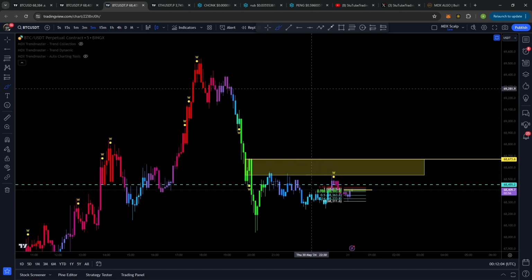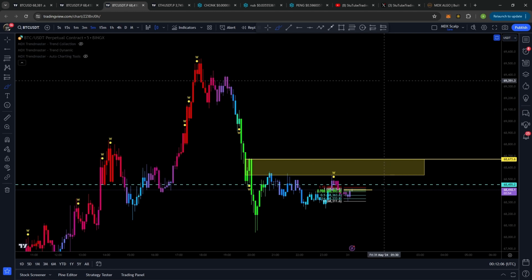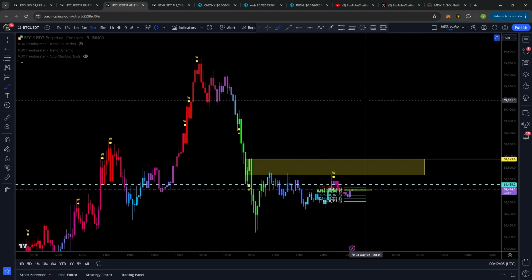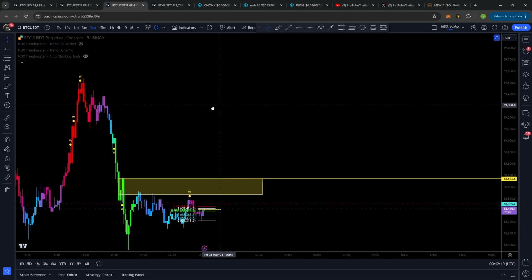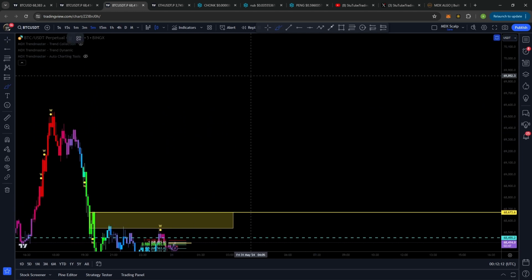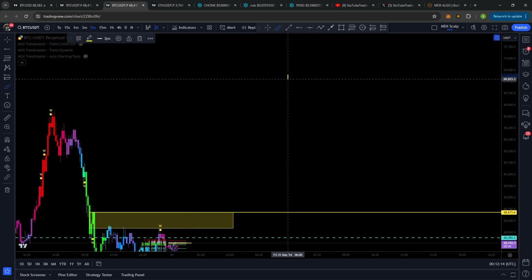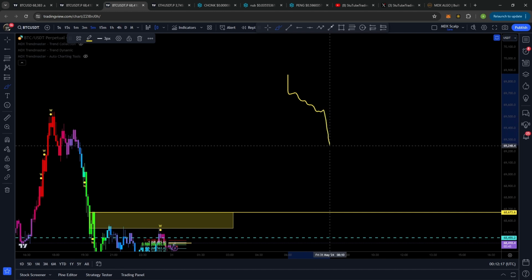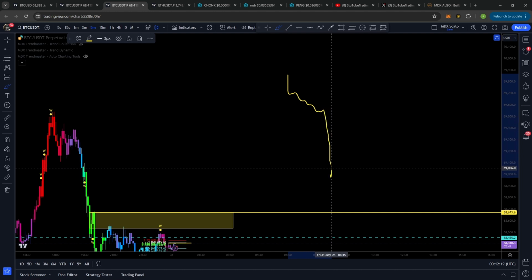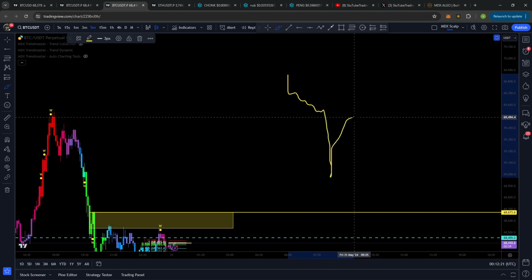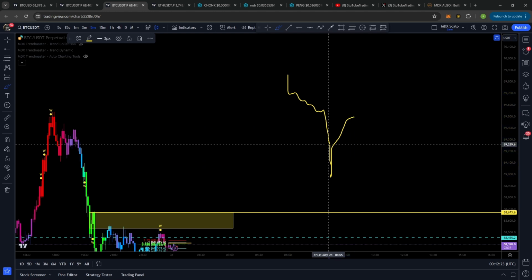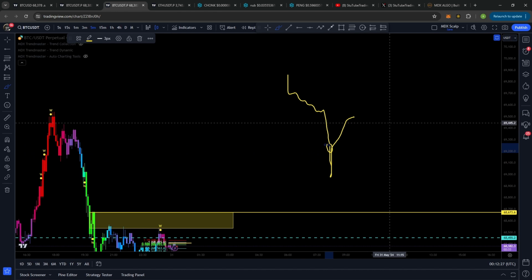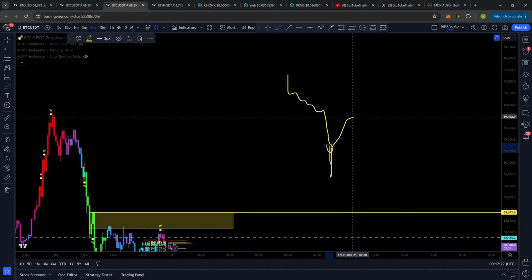I do take that into consideration, especially if you end up having, you know, this is going to be my own drawing, so take it for what it is. But let's just say that we see a big dump and boom, just a real long wick, and then we get something like this. Let's say the candle bodies are actually closing up here. Oh, this is crude. Forgive me for my artistic abilities that I don't have.